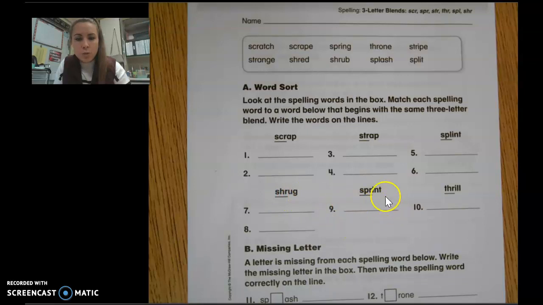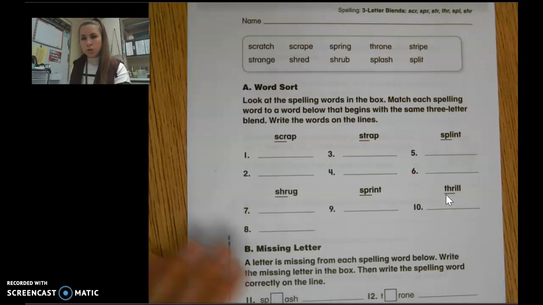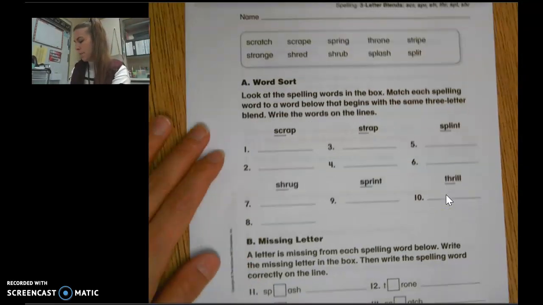Number 9, there's only one SPR blend, like in sprint. And number 10, there's one THR blend, like in thrill. So sort each word into the appropriate category.